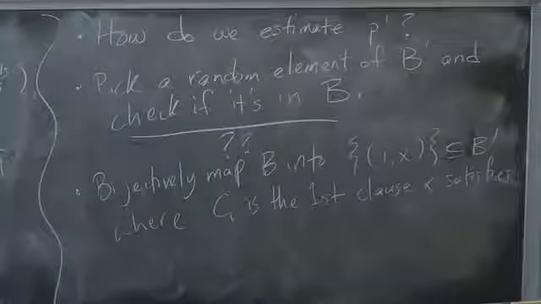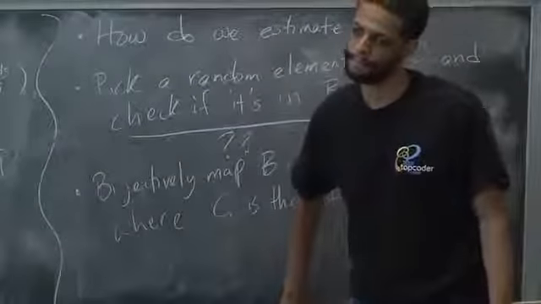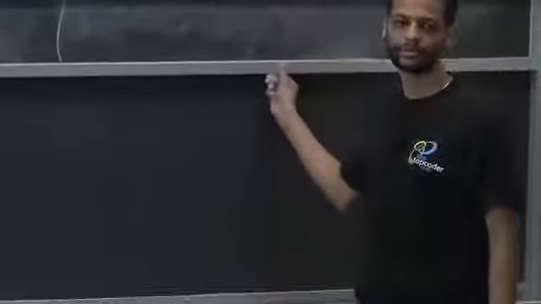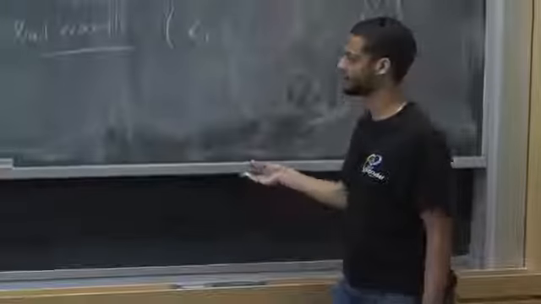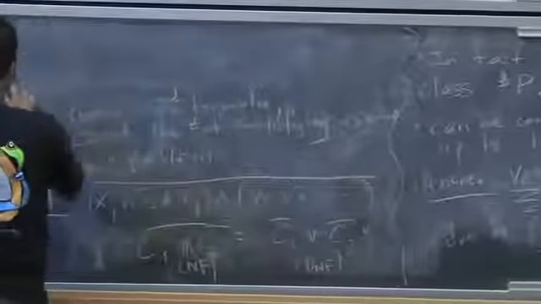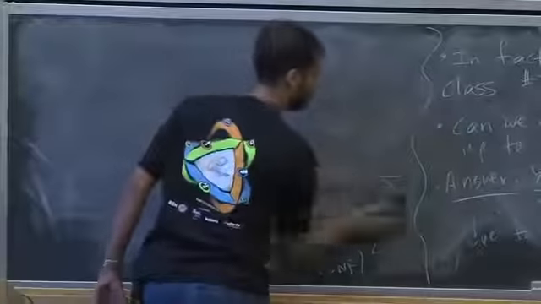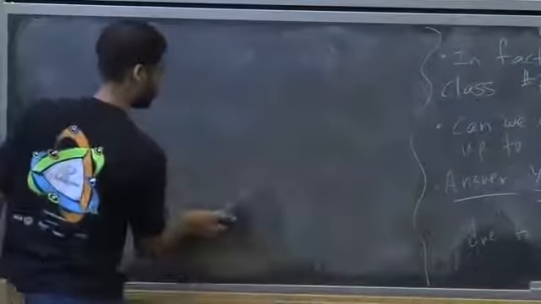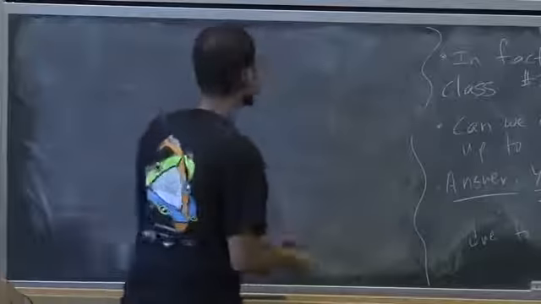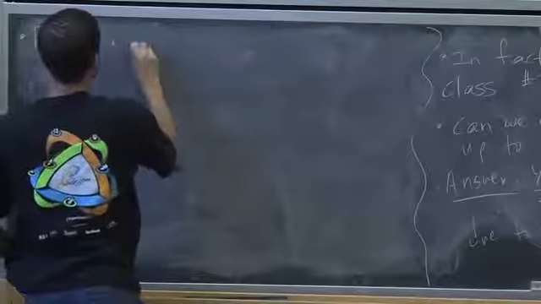Okay. How about picking a random element of B prime? How do we do that? How do we pick a random element of B prime? How do I choose a clause?